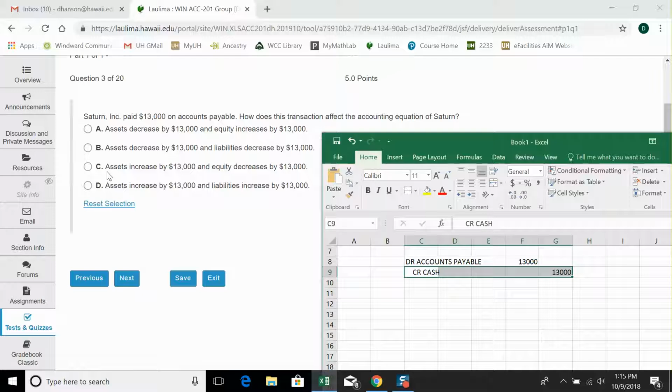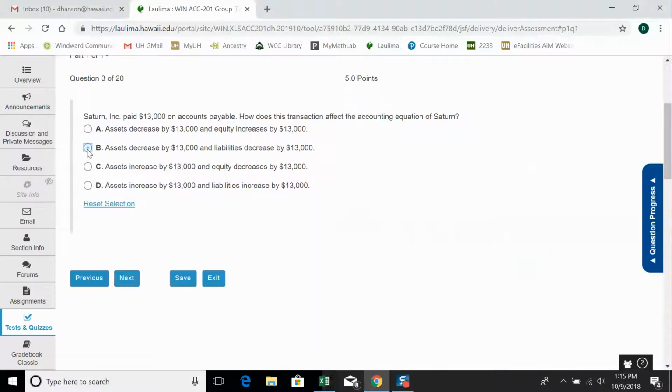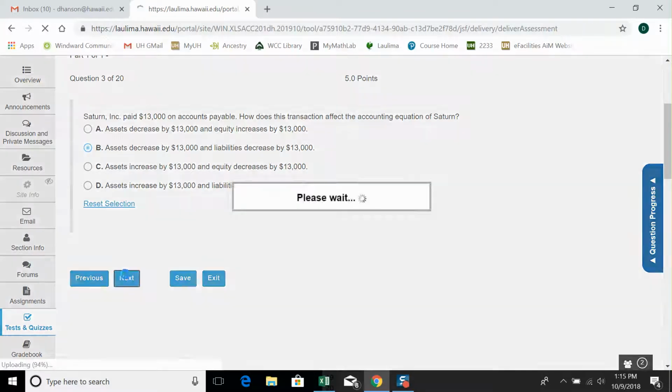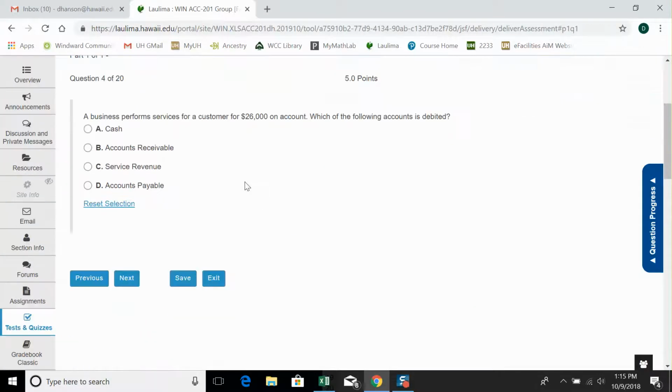Okay, so assets increase. I'm going to rule that out right away. And equity is irrelevant. Okay. Assets increase. We rule that out. Liabilities did not increase. So C and D are wrong when we look at those. So it looks like it's B. Assets decreased by 13,000 and liabilities decreased by 13,000. And we'll go next. Okay.